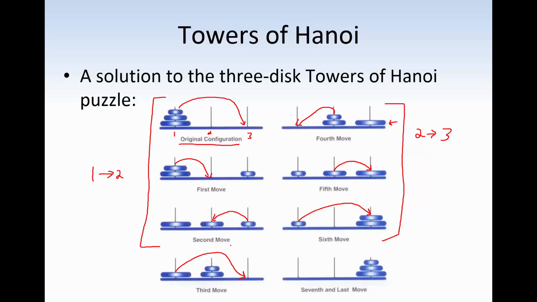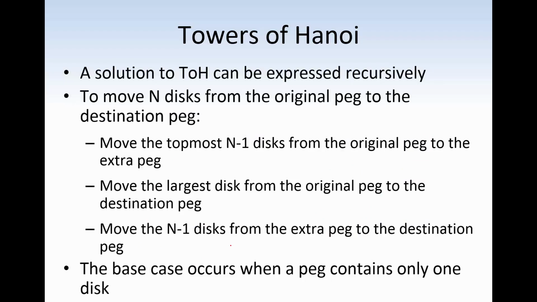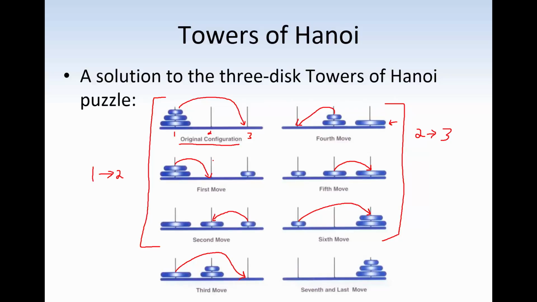Let's think about how we would formalize this into an algorithm. On the next slide, they give the rules we talked about. If we want to move n discs from the original peg to the destination peg, that's going to be our terminology, original and destination. What we're going to do is move n minus 1 discs from the original to the extra peg. That was the first thing we did over here on the left-hand side.